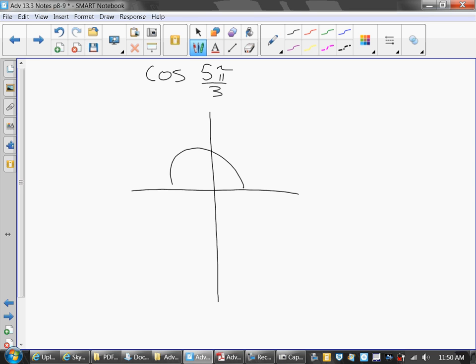So here's 1 pi, and then 2/3 pi. Is that more than halfway? Yeah, 2/3 is more than halfway. That means, how far am I away from getting to 2 pi? It's 1/3. Oh, I see what you're saying. It's actually 60 degrees.